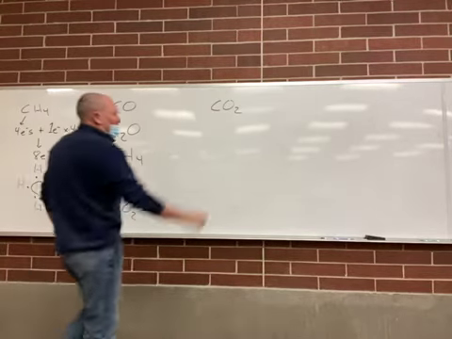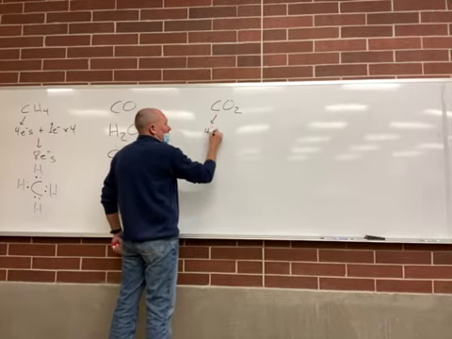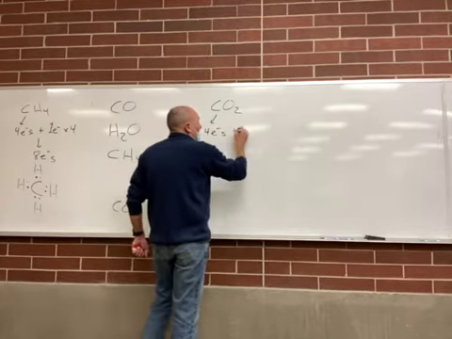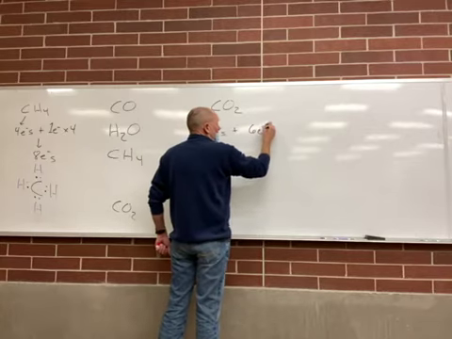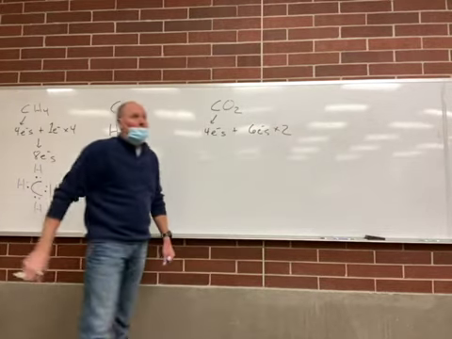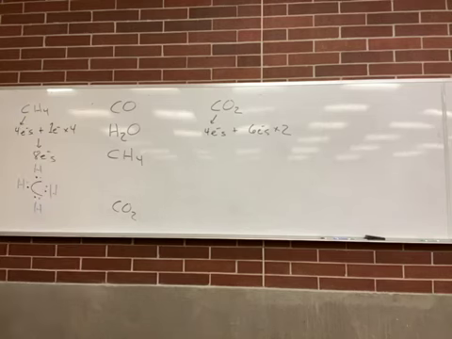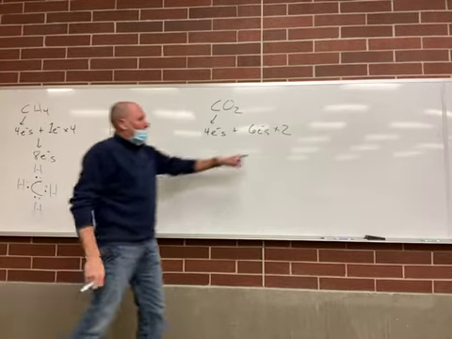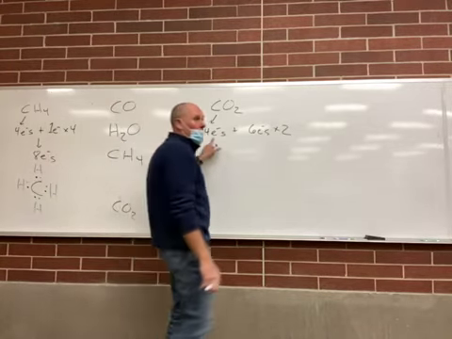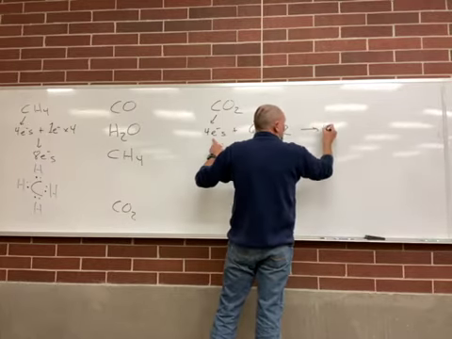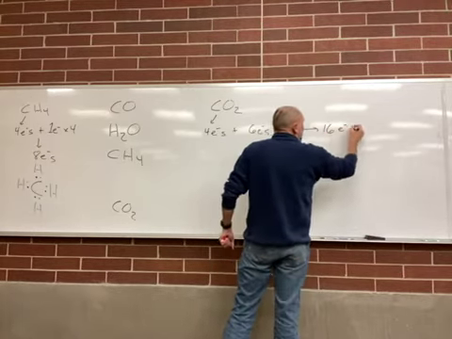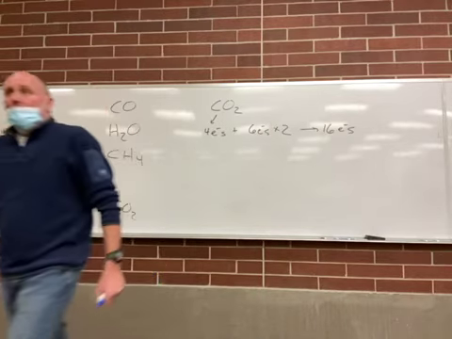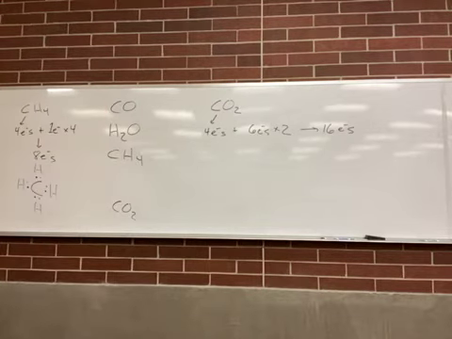All right, carbon brings in 4 electrons. Oxygen brings in 6 electrons times 2, right? Because oxygen sits at 6 on the Lewis dot structure chart. So that's a total of 2 times 6 is 12, plus 4 is 16 electrons. Okay? So the structure for carbon dioxide needs to have 16 electrons.